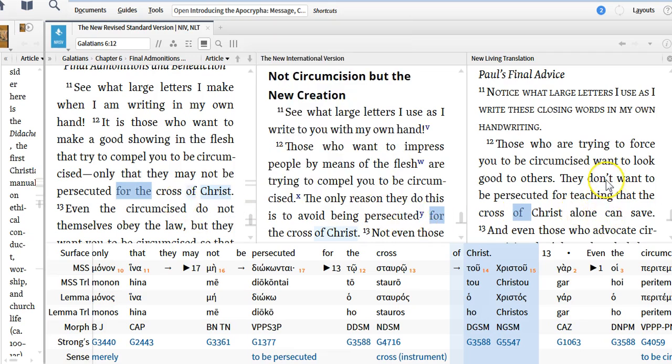Now, the NLT does something a little bit weird, as is its norm. They don't want to be persecuted for teaching that the cross of Christ alone can save. Now, obviously, what the NLT translators are trying to do is to draw out more fully what "for the cross of Christ" means and how it leads to persecution for the Jewish Christian teachers who proclaim Jesus as the Messiah.